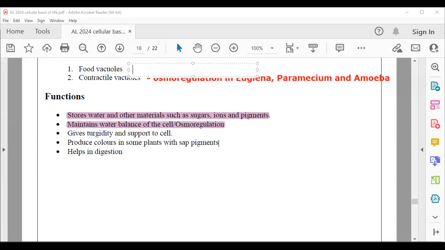Food vacuoles you can notice in Paramecium, amoeba, even Euglena. It is the food they intake, and they do digestion. Contractile vacuoles are not found in plant cells.